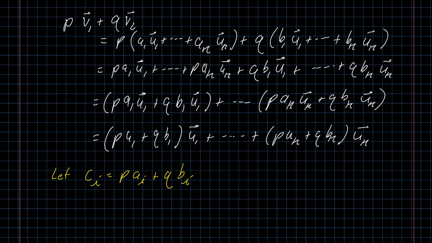Then we can rewrite this more explicitly as C1 U1 plus all the way down to CK UK, which very clearly is an element of set S.